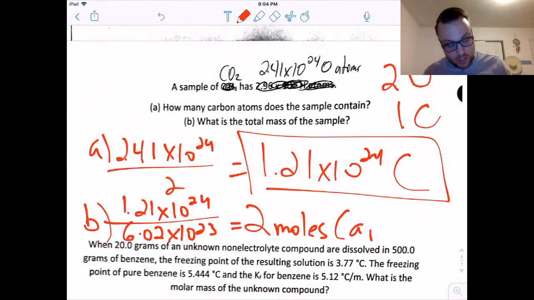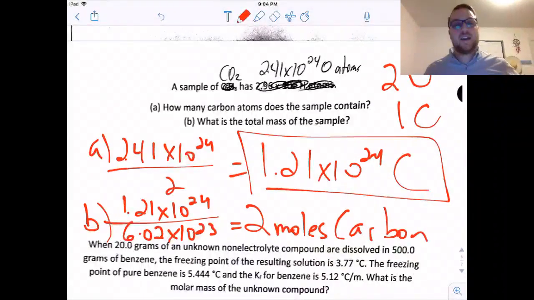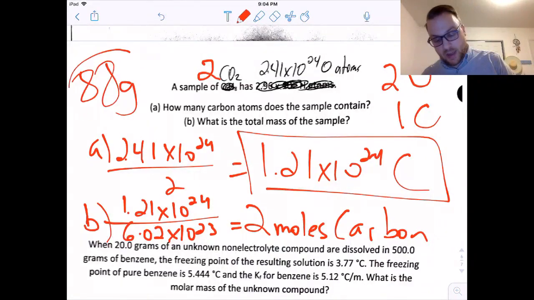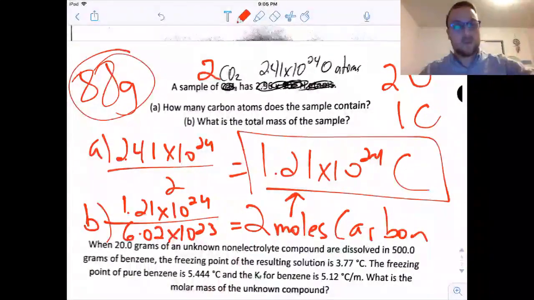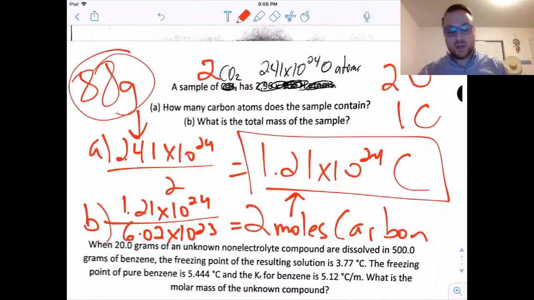Since I have double the amount of carbon atoms, I must have double the amount of carbon dioxide, which means I have 2 times 44, 88 grams of carbon dioxide. I have 2 moles of carbon dioxide, and that makes sense because 1.21 times 10 to the 24th is 2 moles of atoms of carbon, and 2.41 times 10 to the 24th is 4 moles of atoms of oxygen.